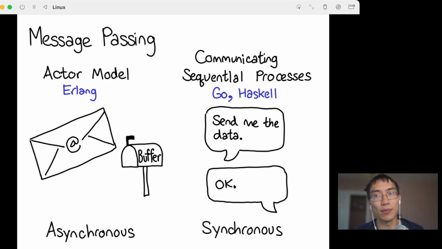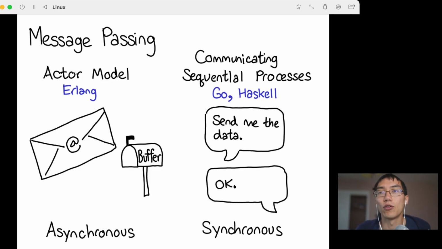And that destination mailbox can have as many letters in it as you want, right? You can send as much stuff as you want, and eventually the person will get it and process their mail. So it's called asynchronous because there's no waiting involved. You just send messages, and they get buffered at the receiver until the receiver is actually able to handle it. Erlang is an example of a very well-developed message passing system that is asynchronous.